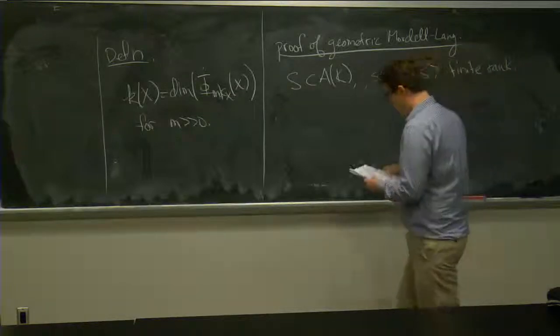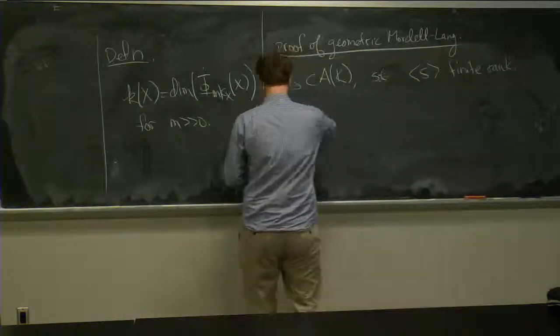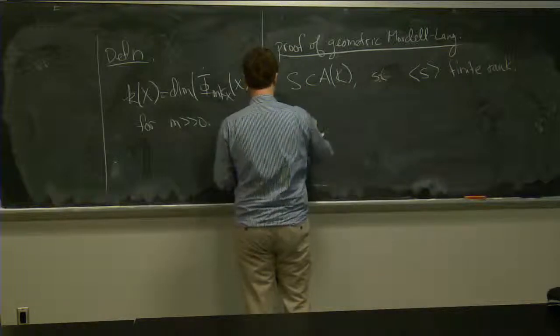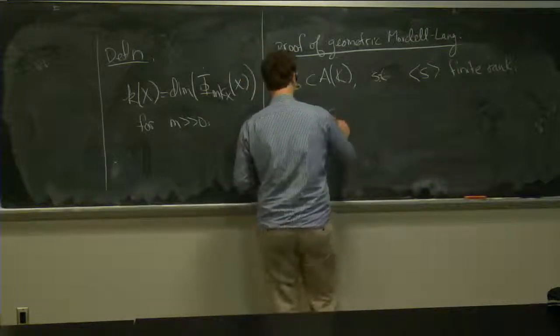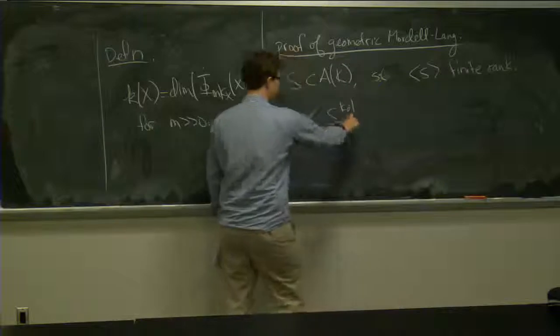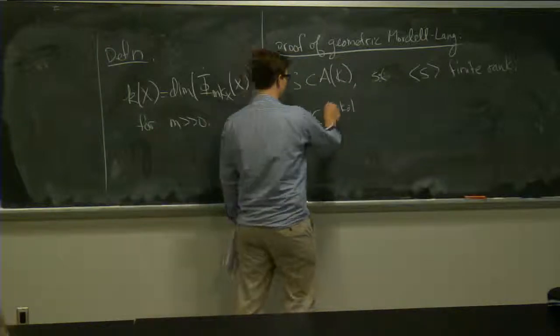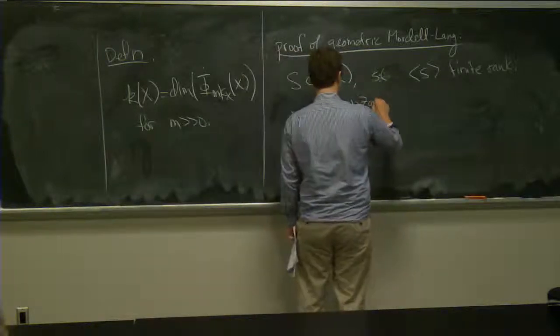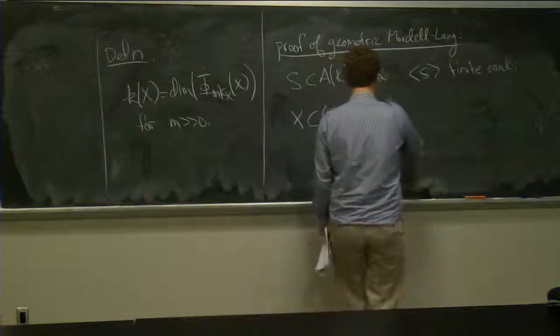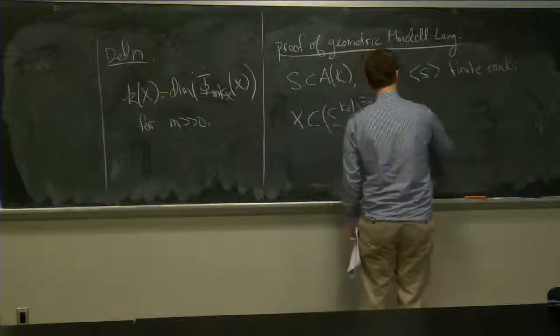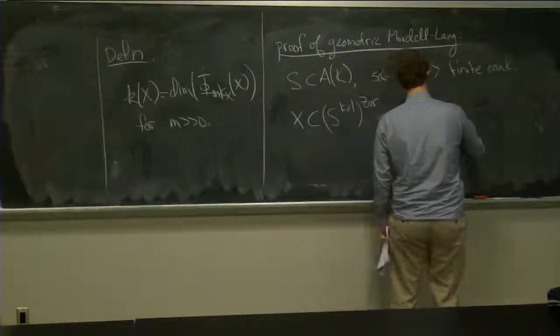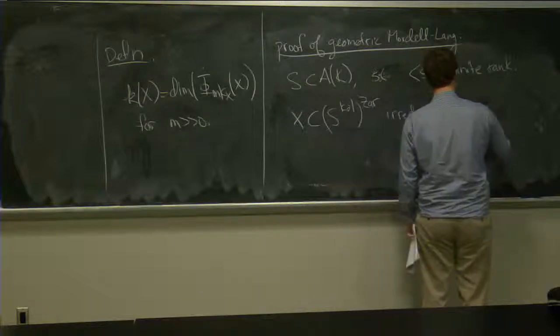Now I'm going to take X, a subset of, so this is the Kolchin closure, and then I'm going to take the Zariski closure, so this is going to be an irreducible component. Zariski irreducible? Yes, Zariski irreducible.